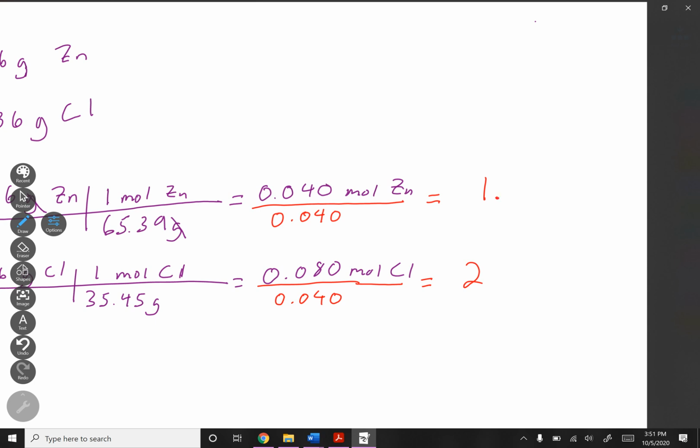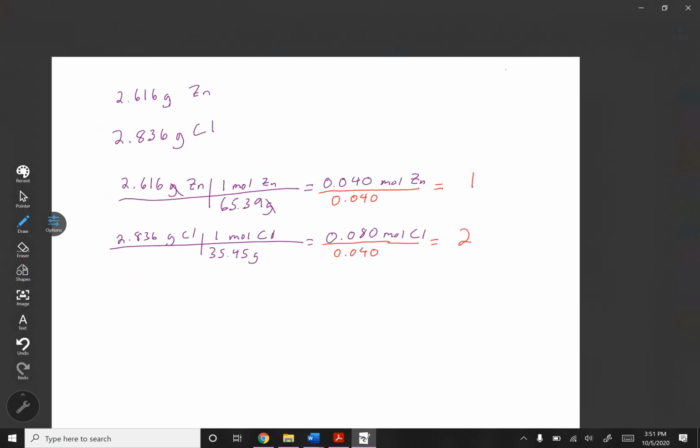If I came up with something like 1.05, I could round that to 1. But if I came up with 1.5 or something like that, that's not going to work. Don't round numbers like that. I'm not going to get too deep into that for this example. What this is telling me is that for every 1 mole of zinc, I have 2 moles of chlorine.